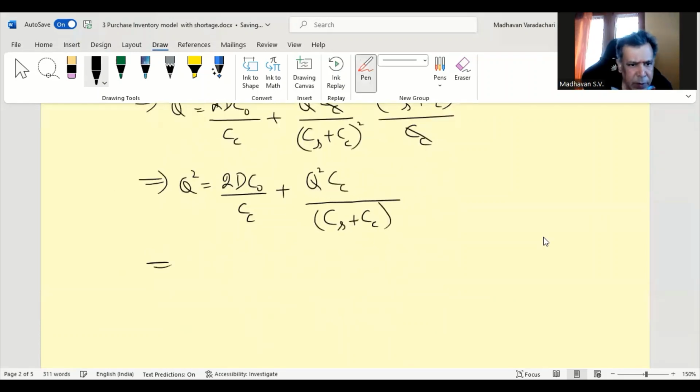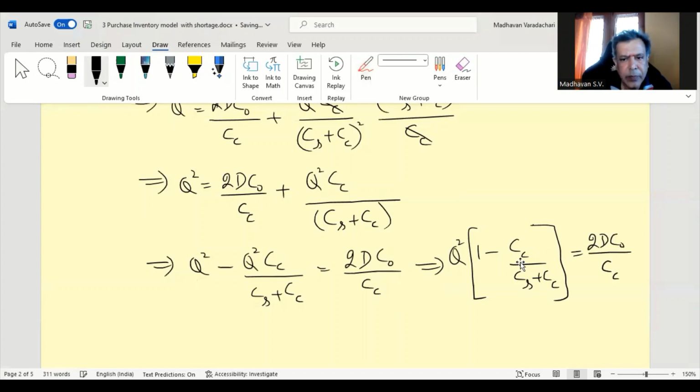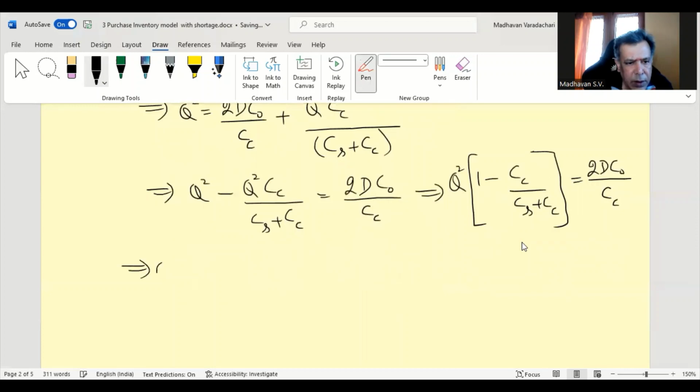To the left side, you will have Q square minus Q square Cc divided by Cs plus Cc is equal to 2DCO by Cc, which means Q square can be taken common in the left hand side. You will have 1 minus Cc divided by Cs plus Cc equal to 2DCO by Cc. That means our Q square, let us take LCM as Cs plus Cc.